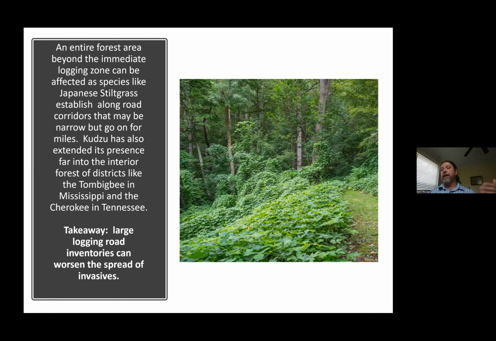We've had things like kudzu for over a century, but the continued incursion of invasives like kudzu and stiltgrass into the forest interior is really being worsened by these persistent high road volumes. And you see this all over the East, particularly in the South: the Tombigbee and Holly Springs in Mississippi, or the Cherokee National Forest in Alabama, all over the place.